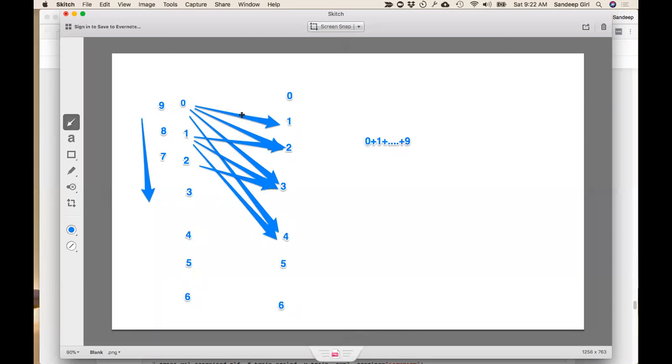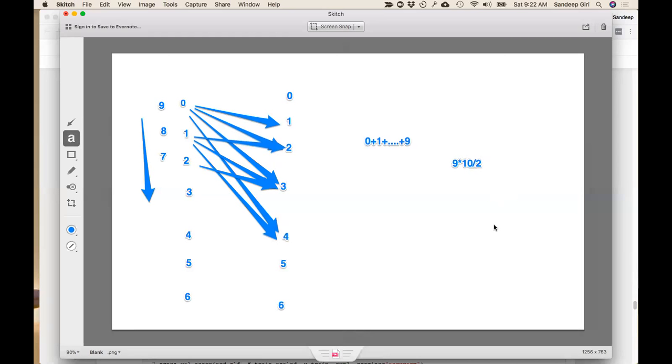So this is how it's going to be, and eventually it is going to be 9 into 10 by 2, or 9 into 9 plus 1 by 2.